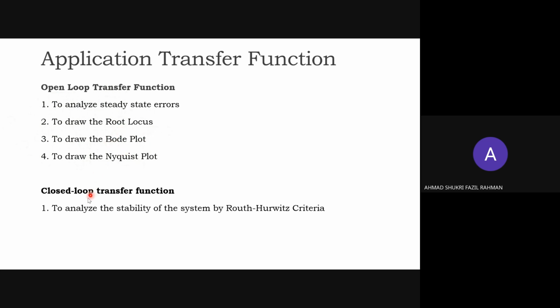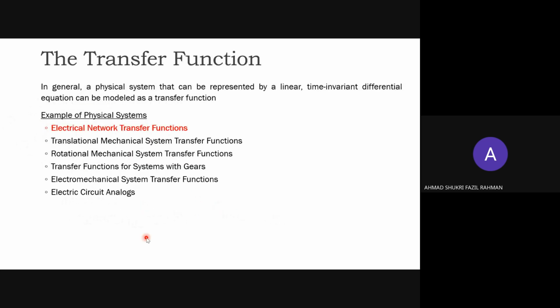And for closed loop transfer function, we can analyze the stability of a certain system by using the Routh criteria. That one also you will learn later. But right now we look at the application related to our field, which is electrical network transfer function.